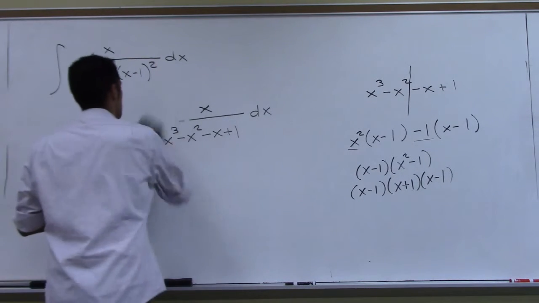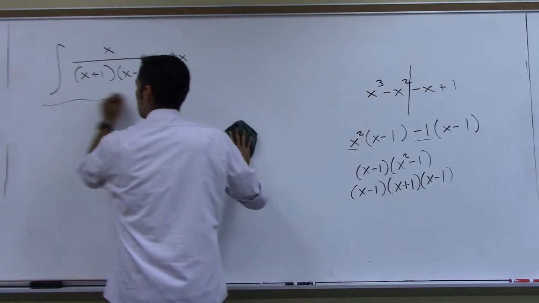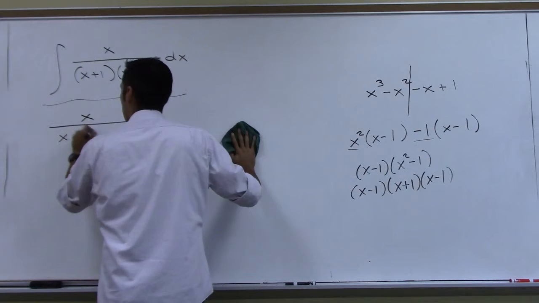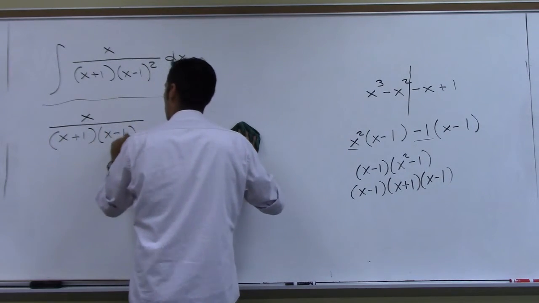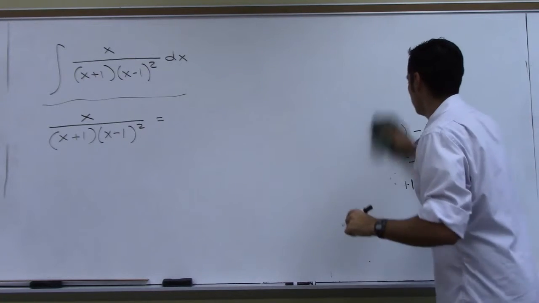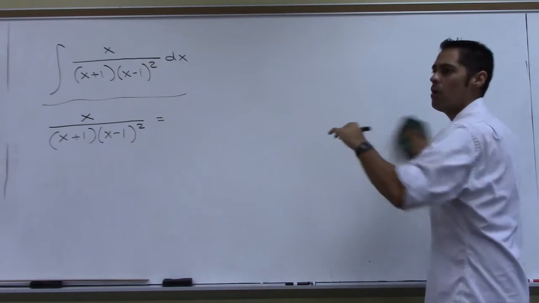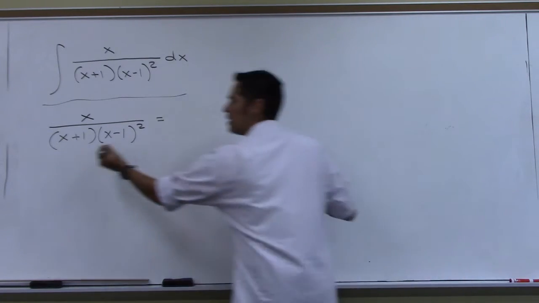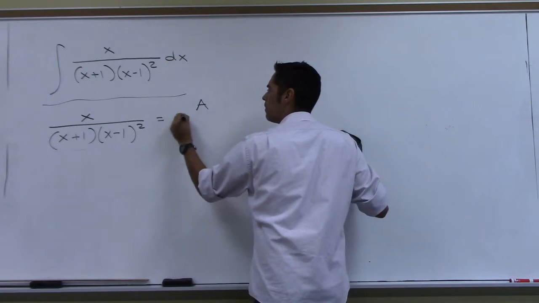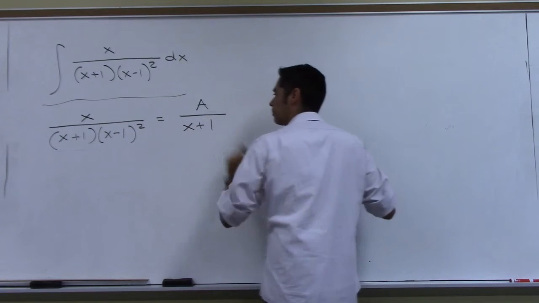So how is it that I'm going to rewrite this? How do I do the partial fraction decomposition? What did we say we did? For every distinct linear factor, I put something over that linear factor. So for the x plus 1, I should put what out here? A over x plus 1.